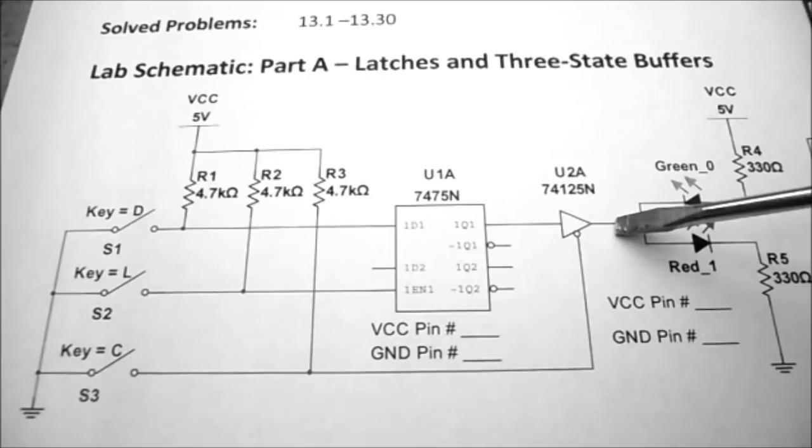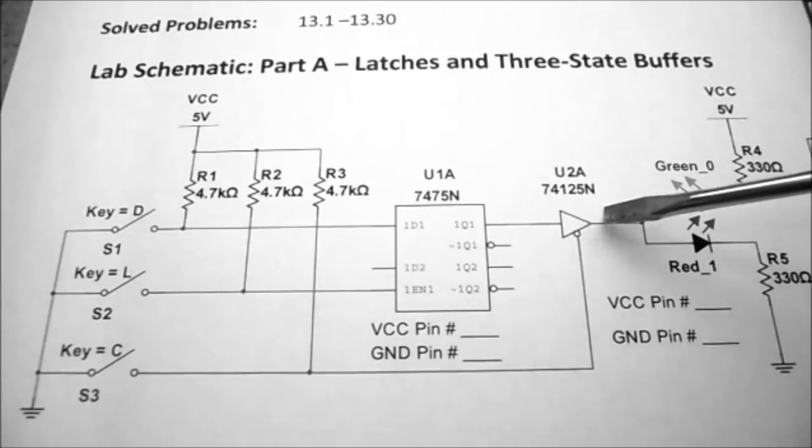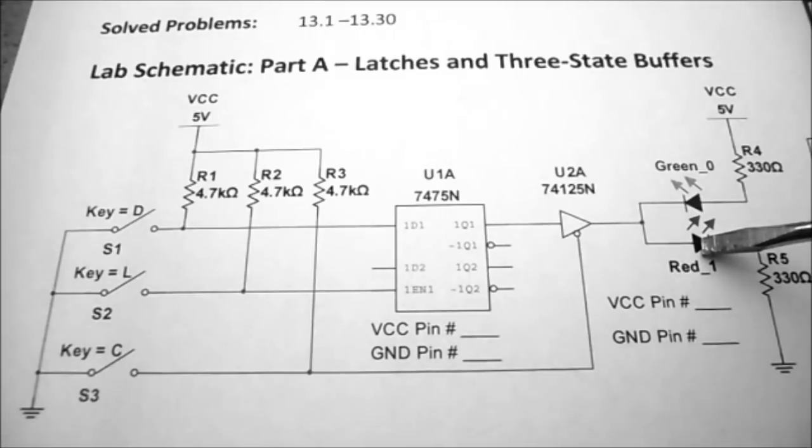So if the 125 is disconnected from our two LEDs, we're left with a circuit that has 5 volts driving current through the 330 ohm, through the green LED, through the red LED, through the second 330 ohm to ground. So when the circuit is disconnected from the LEDs, both LEDs should be on.